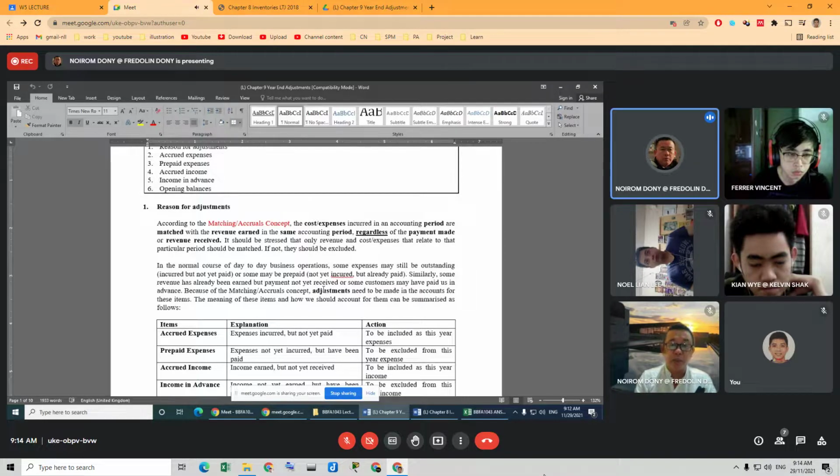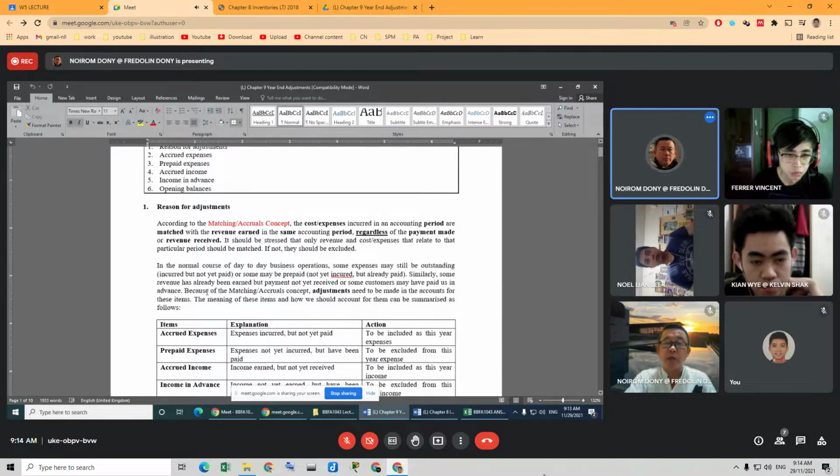So this is prepaid. Similarly, some revenue has already been earned but payment not yet received, or some customers may have paid us in advance. So this is another one, accrued revenue and revenue in advance. So adjustment needs to be made to account for these items, because of the requirement by the matching and accrual concept.